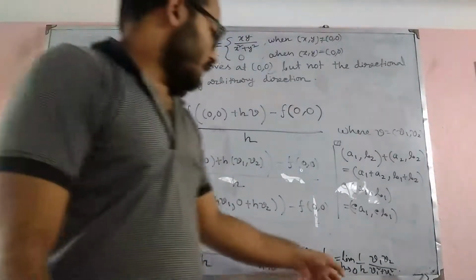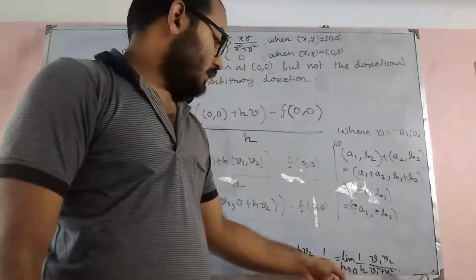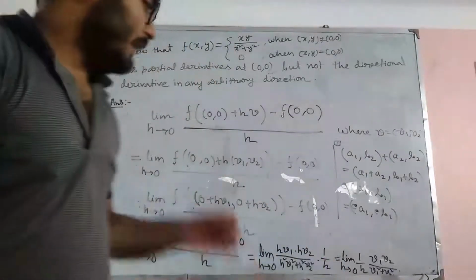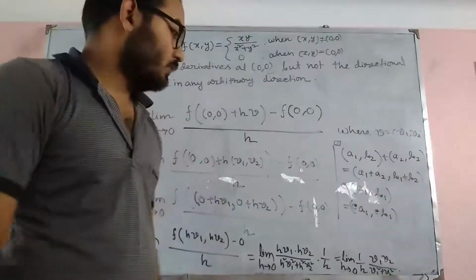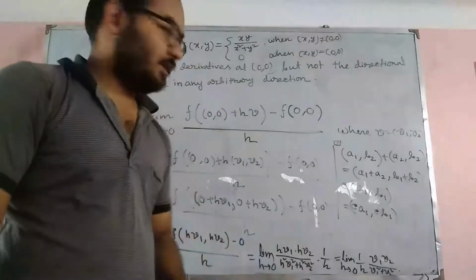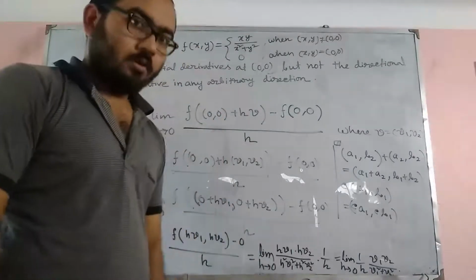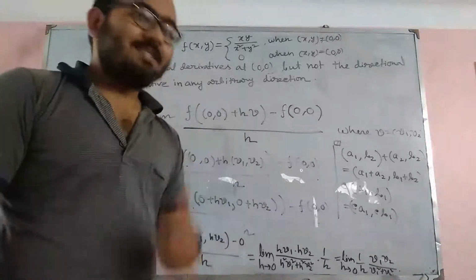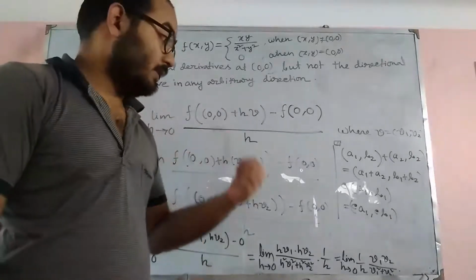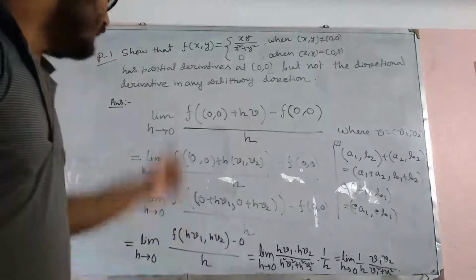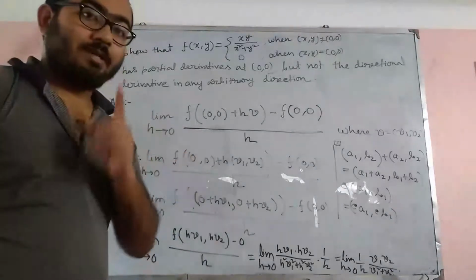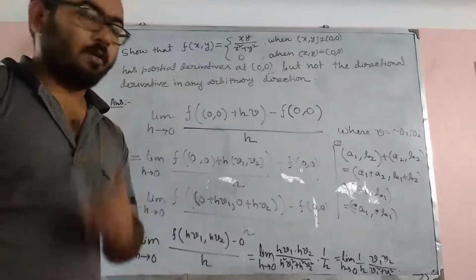See, if we tend h to 0, then 1 by h is tending to infinity. But as I said in the definition of directional derivative, the limit has to exist finitely.